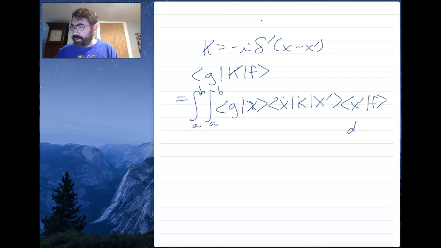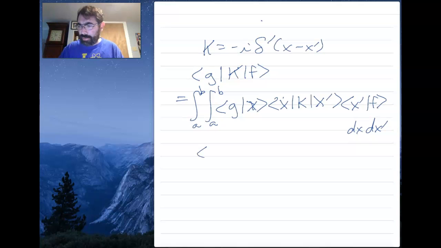And then we integrate over dx, dx prime. So we've broken it down into two spaces, x and x prime, and we see how our functions g and f are made up of those bases, x and x prime.